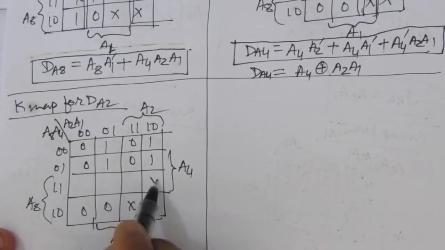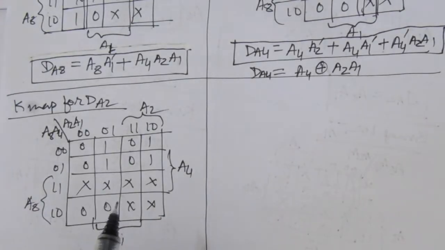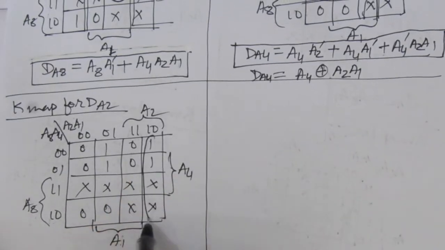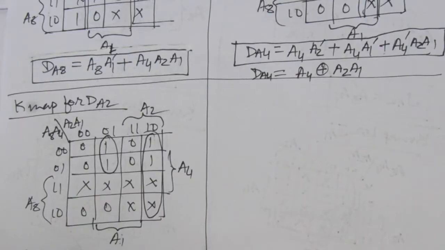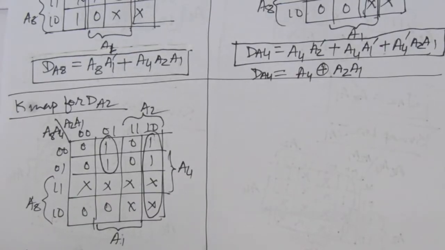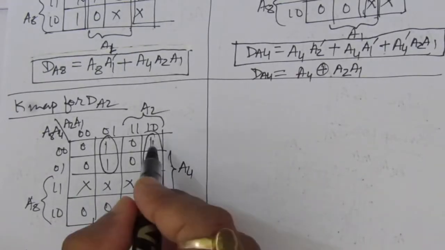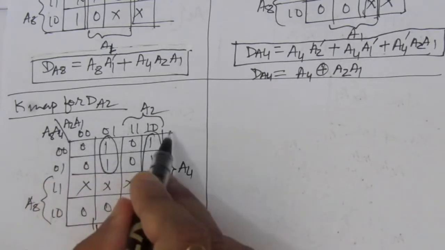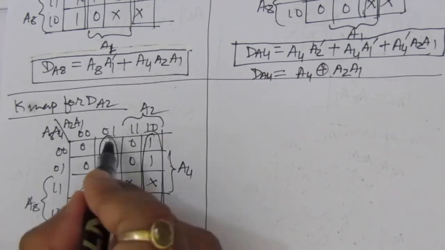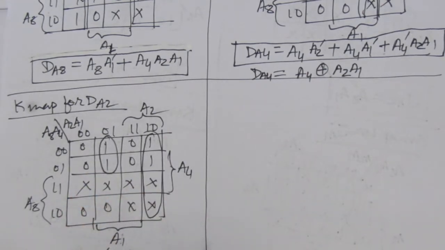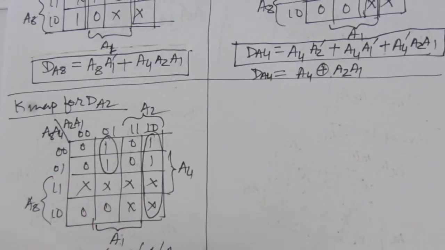So these are the don't care conditions. So how we can combine? So this will be one term and this will be the second term. So therefore DA2 is equal to, from this term we'll get A2 A1 bar, plus from this term we'll get A8 complement into A2 bar A1.